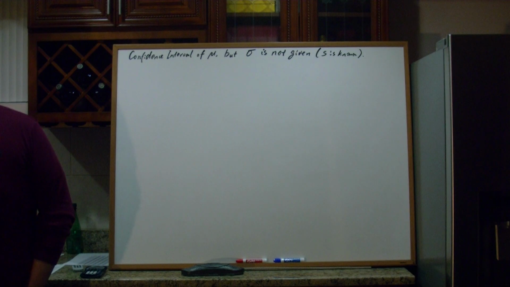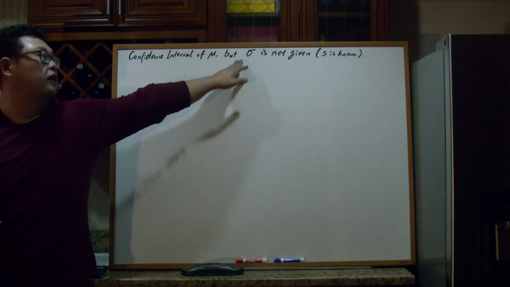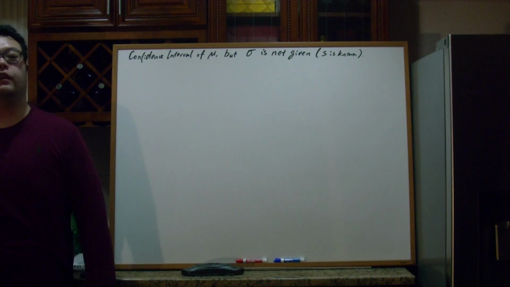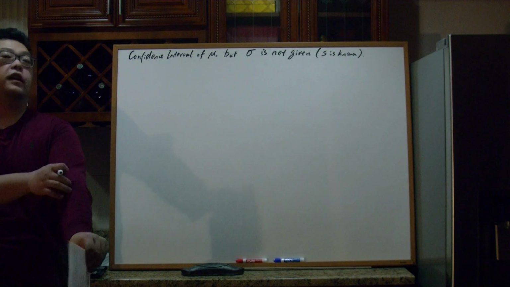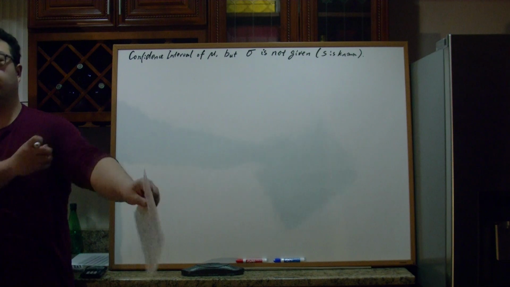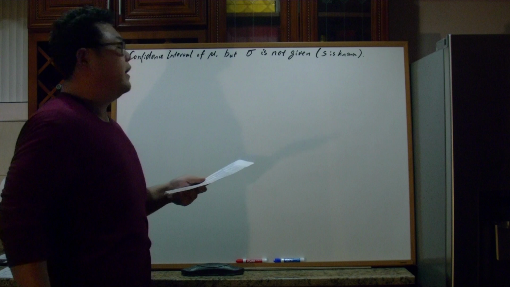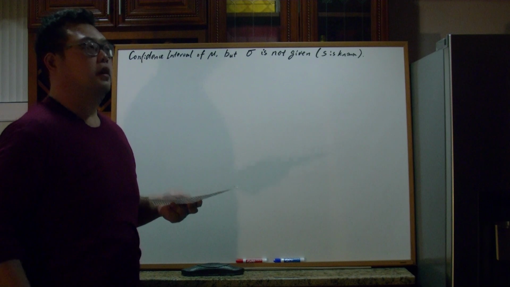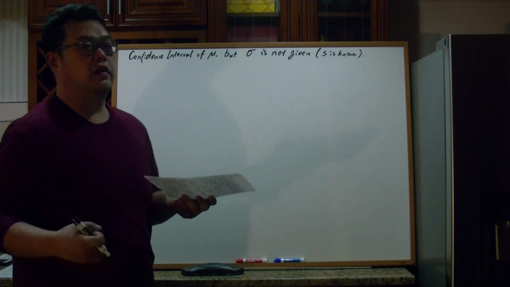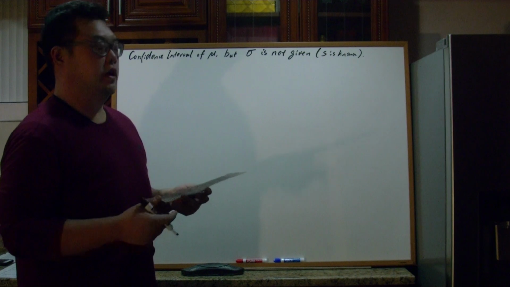If the population standard deviation is given, then we don't have to worry. But in the case where the population standard deviation, or sigma, is not given, then we could use the sample standard deviation as an approach. But in this case, the sample mean is not approximated by a normal distribution.